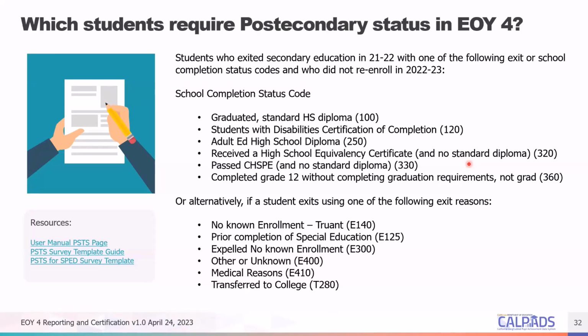If you're able to generate the list of students who completed high school with any of these exit codes last academic year, who no longer re-enrolled in CalPADS or in any district, and also students who left your district last year and never came back or do not have any re-enrollments in CalPADS, then you should be able to gather those students as your basis of who are special ed, who you could survey for the PSTS requirement.